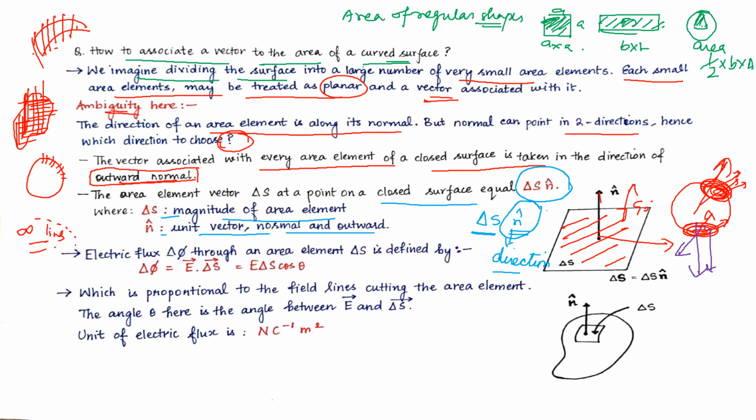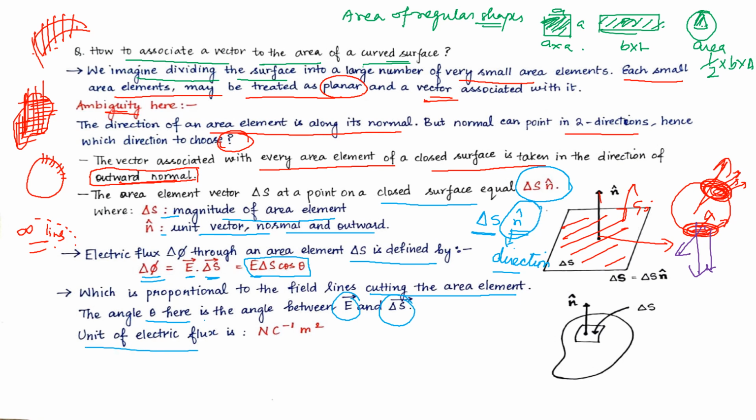Electric flux through an area element del S is defined by del phi equals E dot del S, which will give us E del S cos theta, which is proportional to the field lines cutting the area element. Here angle theta is the angle between the electric field and the vector component of the area element.